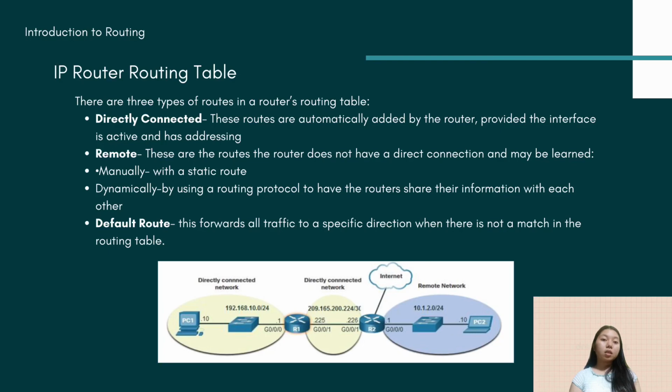Remote: these are routes to networks the router does not have a direct connection to, and may be learned manually with a static route, or dynamically by using a routing protocol to have the routers share their information with each other. Default route: this forwards all traffic in a specific direction when there is not a match in the routing table.